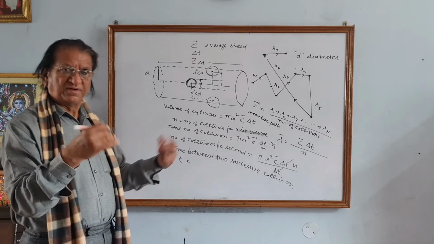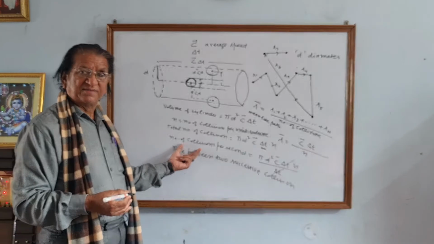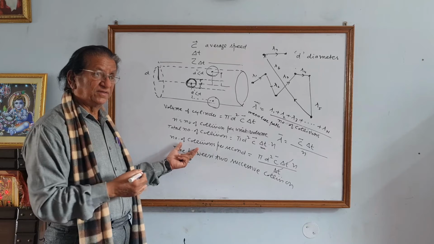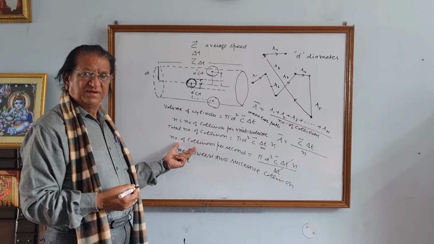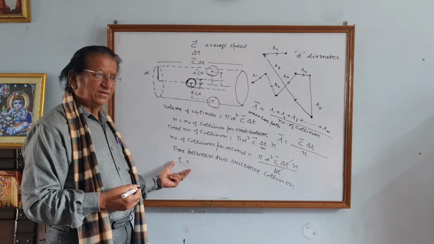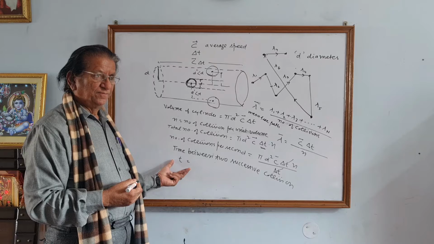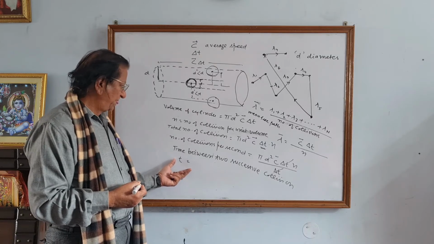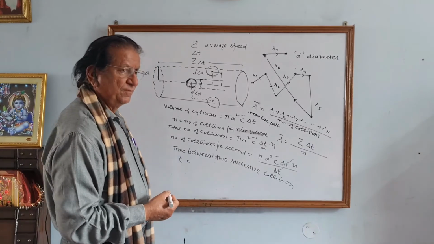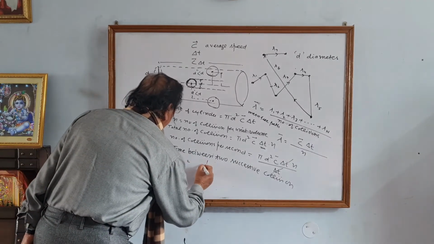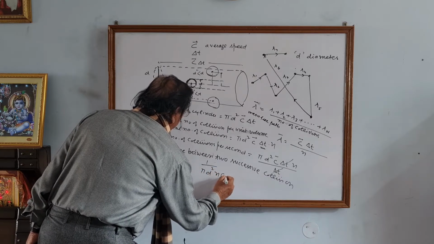Time is reciprocal of frequency. ये नंबर ऑफ कोलिजन पर सेकंड मीन्स फ्रीक्वेंसी ऑफ कोलिजन है ना, एक सेकंड में कितने कोलिजन हुए. ओके, ये फ्रीक्वेंसी हो गई, इसका रेसिप्रोकल वो टाइम हो जाएगा, तो सक्सेसिव कोलिजन के बीच में जो टाइम लगा. ओके, तो वो कितना होगा, इसका रेसिप्रोकल, तो क्या होगा 1/pi d square n c.